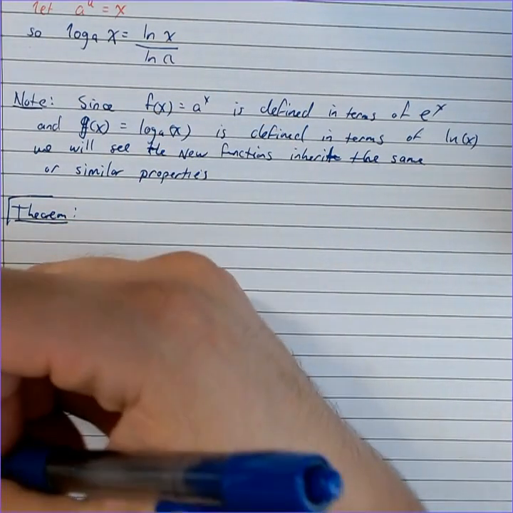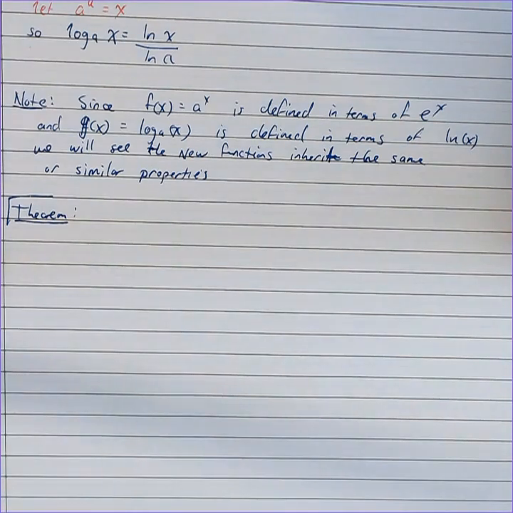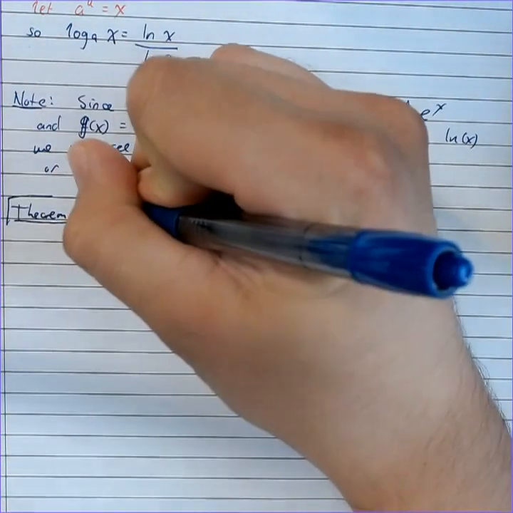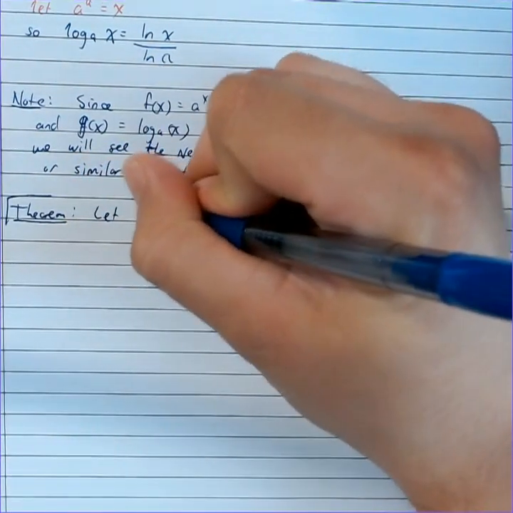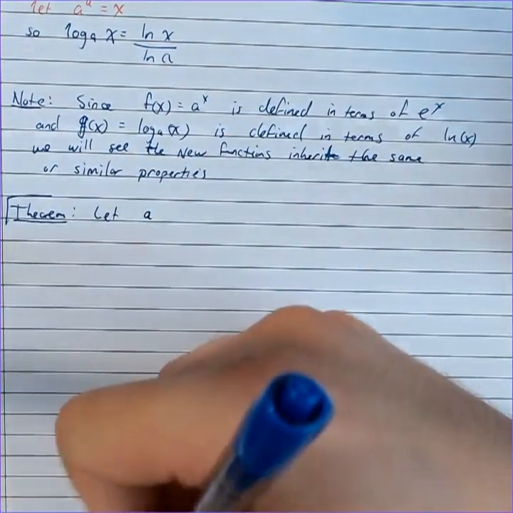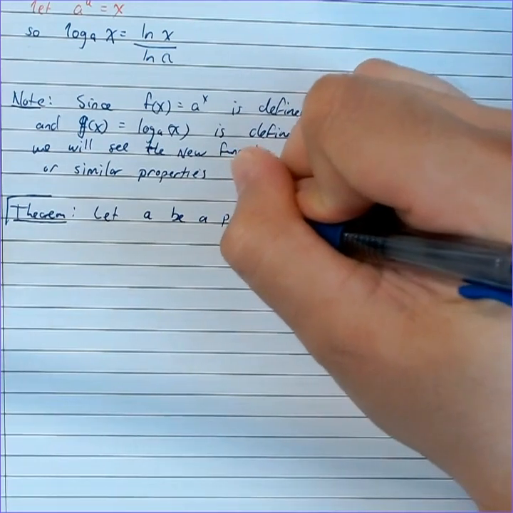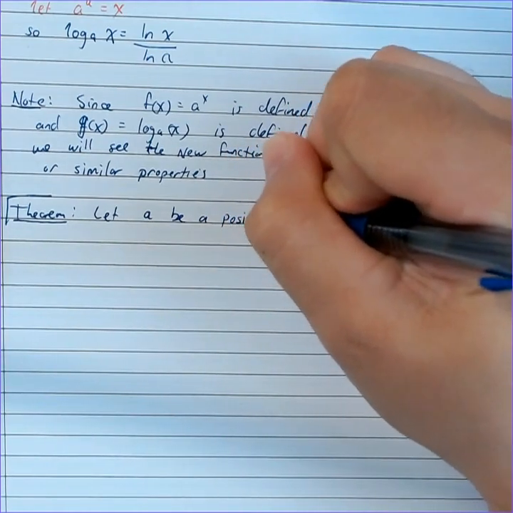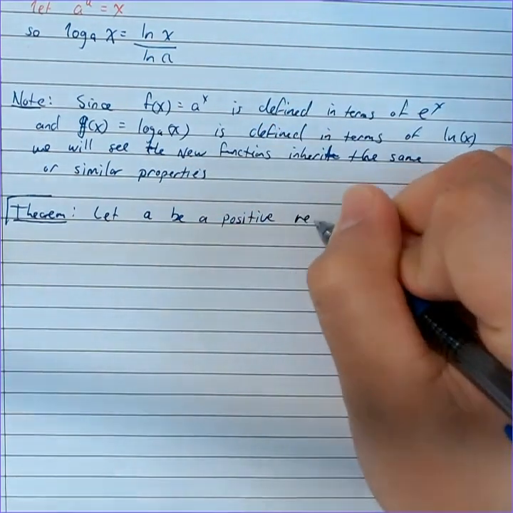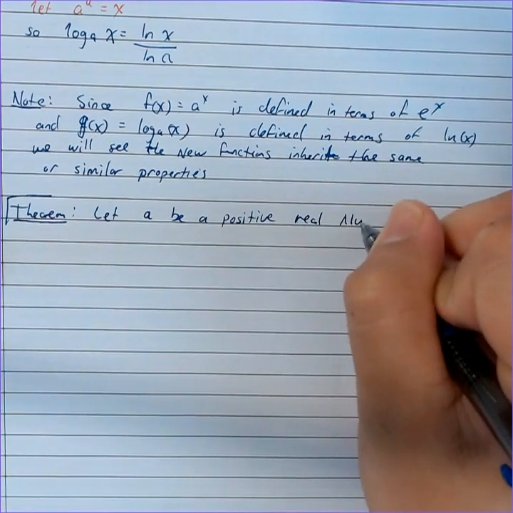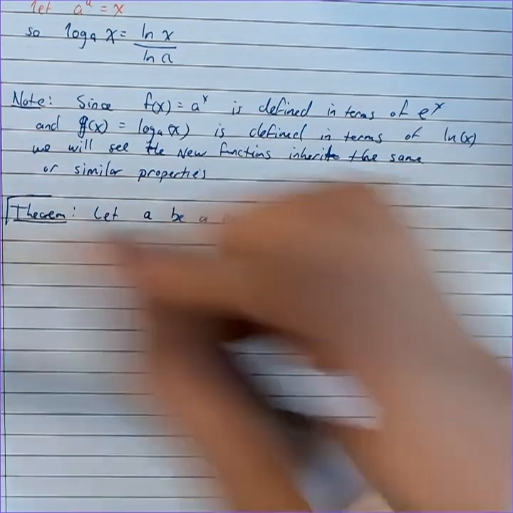All right, so we're going to begin with a positive real number other than 1. So just like with the exponential and with the logarithm, let a be a positive real number other than 1.